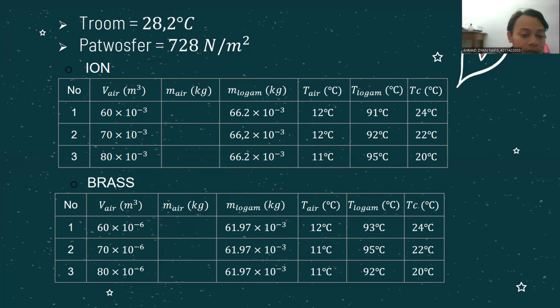Next, metal brass. First, volume of water 60 times 10 power of minus 3, and a mass of metal 97 times 10 power of minus 3, and temperature of water 12 degrees Celsius, and temperature of metal 93 degrees Celsius.